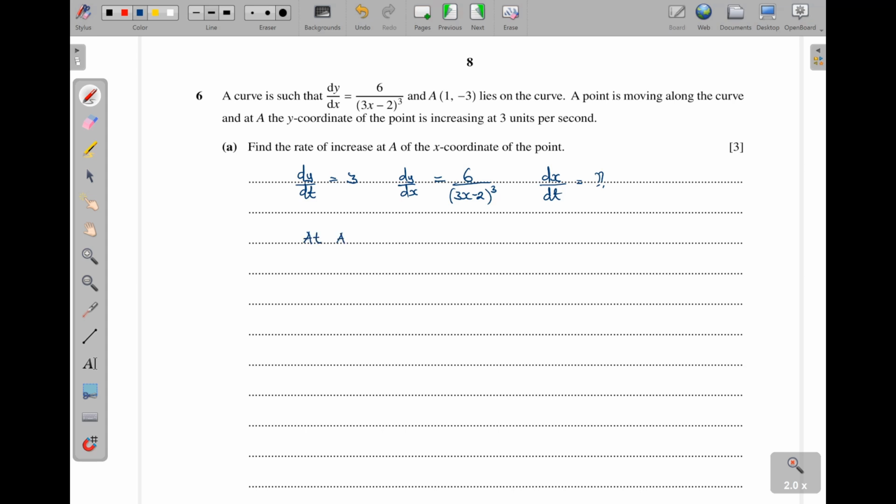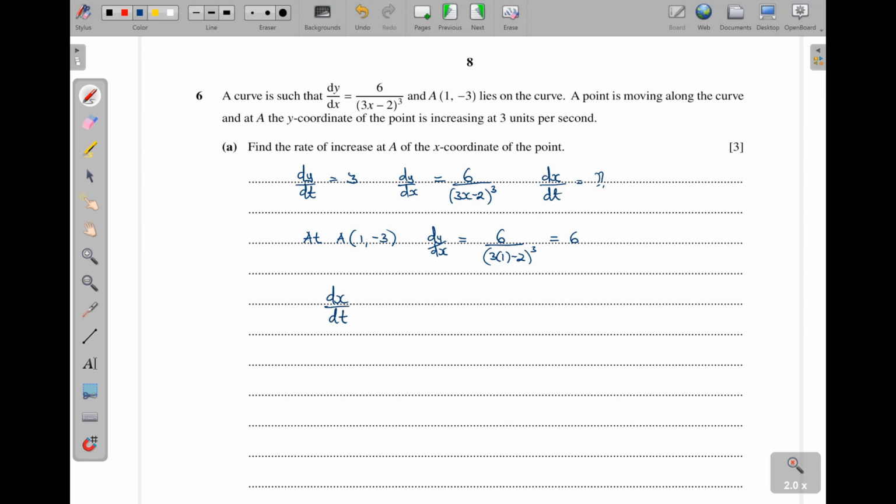At A, which is (1, negative 3), what will be the value of dy/dx there? This will be 6 over 3 times 1, that is 3, minus 2. That gives 1 cubed, which is still 1, so 6 over 1 gives us 6.